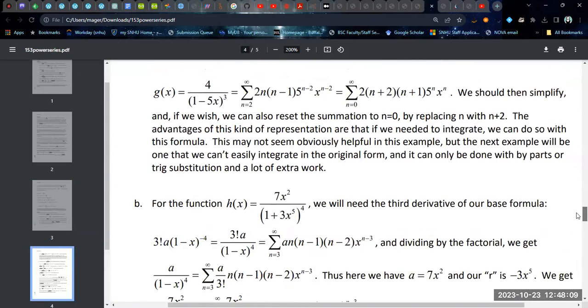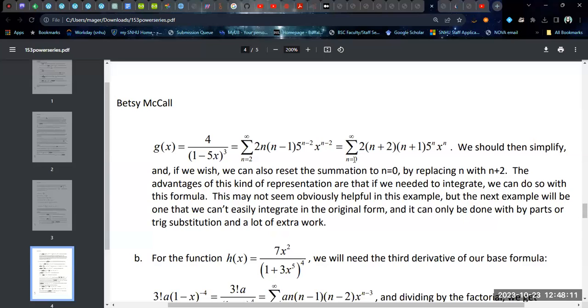Now, in order to get this to start at n equals 0, if I started at n equals 2 before, I need my corresponding expression in n to give me the same value that it would have had before, which was 2. And so I'm going to add n plus 2 here, so that when I plug in n equals 2 in the old formula, I get a 2, and when I plug in n equals 0 here, I still also get a 2.